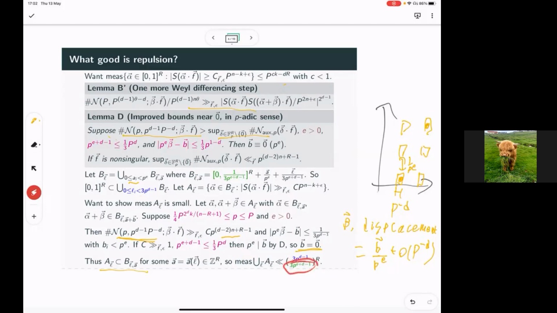So the green part is to do with the measure of one of these boxes. So for each colorful set, we can have one box on which the exponential sum is large, and the blue part is to do with the number of colorful sets. And yes, again, R, because there are boxes in the R-dimensional unit hypercube.